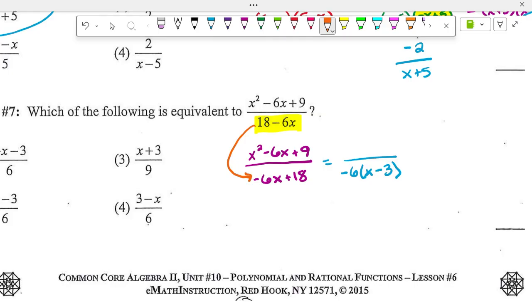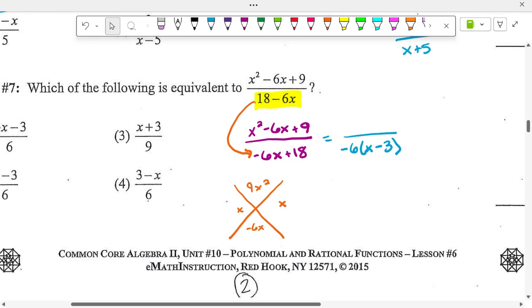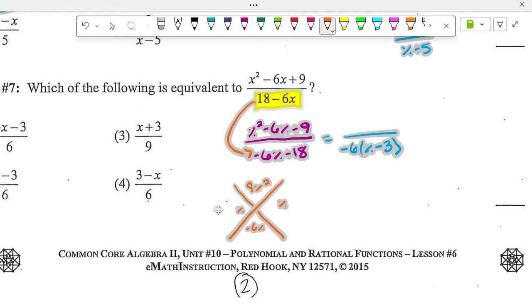Now, how would the top break down? If I do a times c, I get 9x squared. B would be negative 6x. So I have 2 x terms. What would add to negative 6 but multiply to 9? Negative 3 and negative 3.